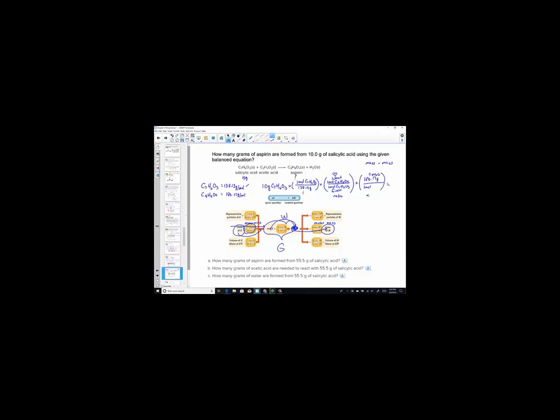Now we're ready. 10 divided by 138.13 times 1 over 1 times 180.17. And that answer is 13.04, and that's grams of aspirin.